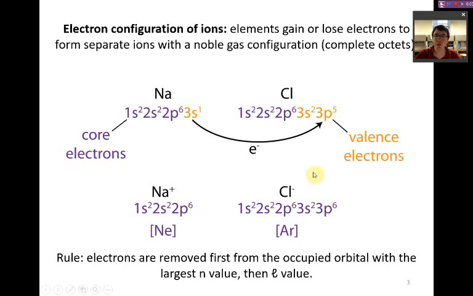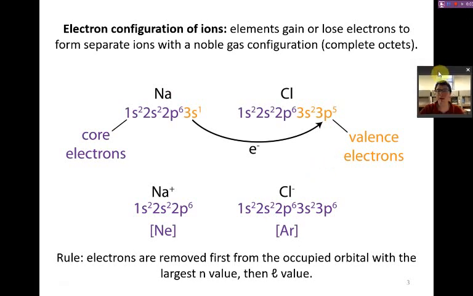As mentioned earlier, when we look at the electron configuration of ions, elements will gain or lose electrons in order to obtain that noble gas configuration. So this is just demonstrating again a scenario of what might happen.